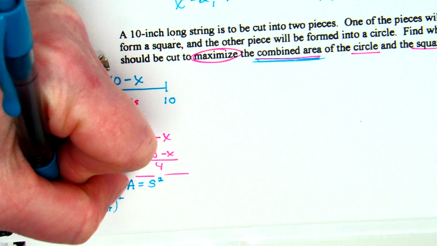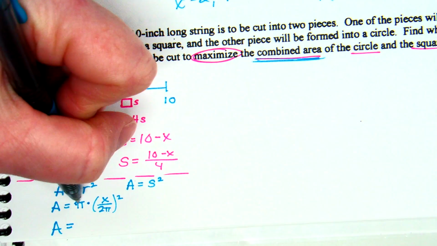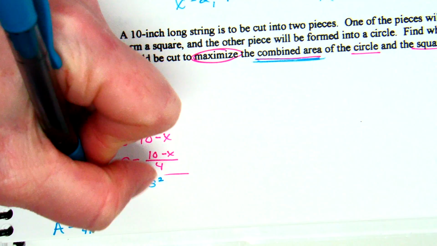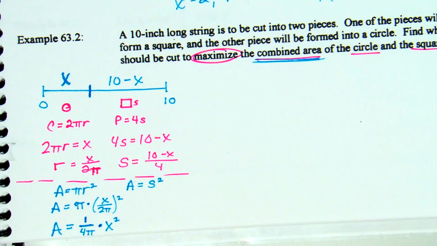So when I write this, and again, I know where I'm going with this, I'm kind of prepping you, I'm going to put my coefficients out front. So coefficients-wise, in the denominator, I'm going to have a 4 and a pi, and then just a 1, times x squared. So 1 over 4 pi x squared. That's the area for the circle.